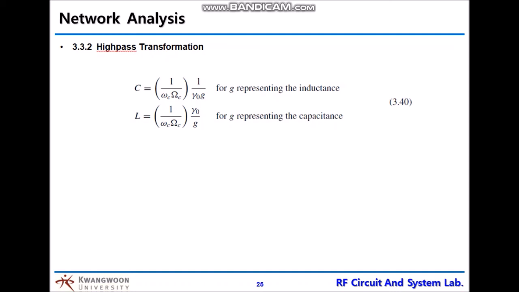With impedance scaling, the element transformation is given by equation 3.40. This type of element transformation is shown in figure 3.14a.